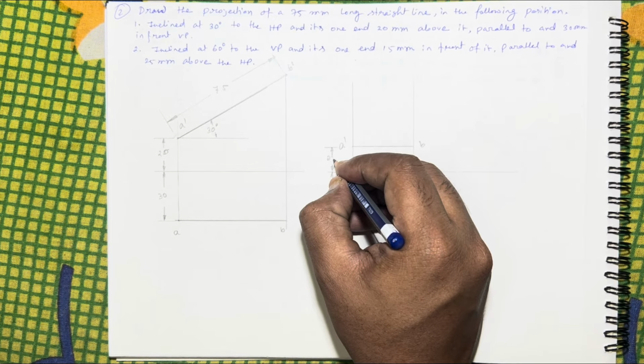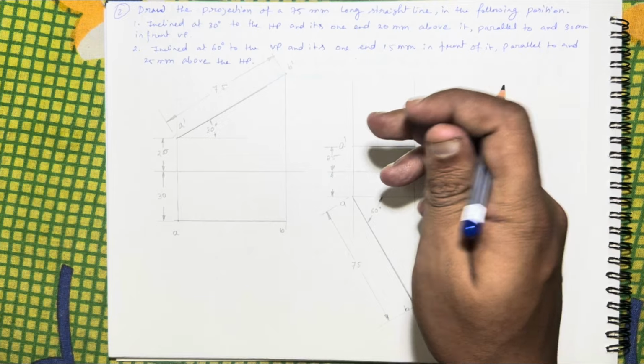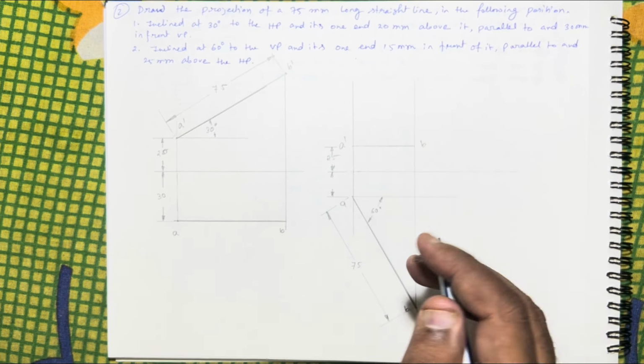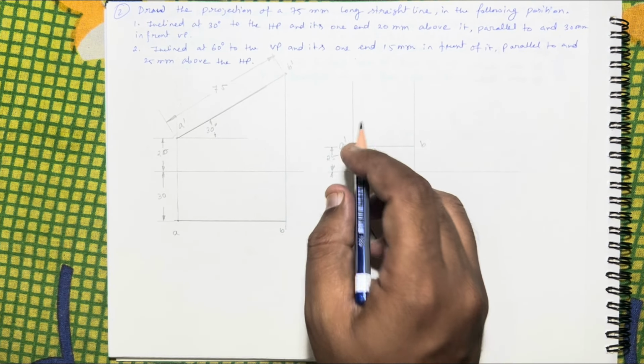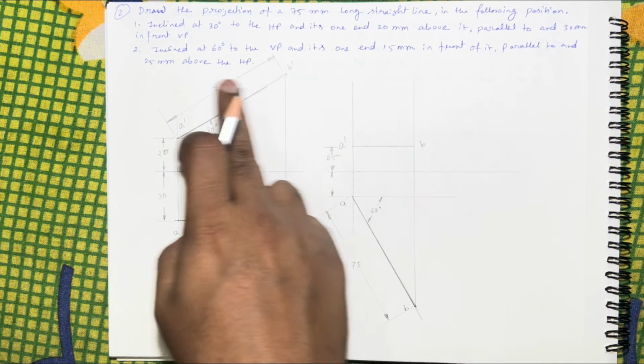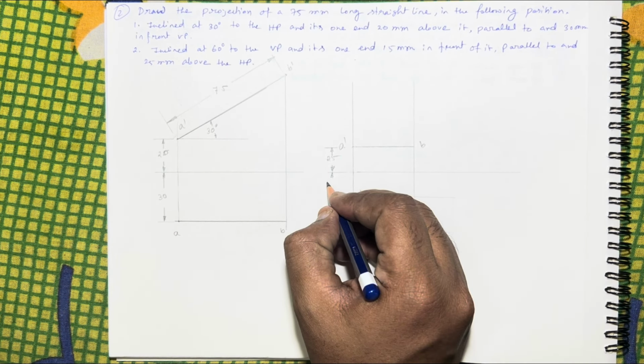This is 25. Here I measured 15 mm, but this is actually 25. This should be 25 because this is 25 mm above the HP, and this is 15.